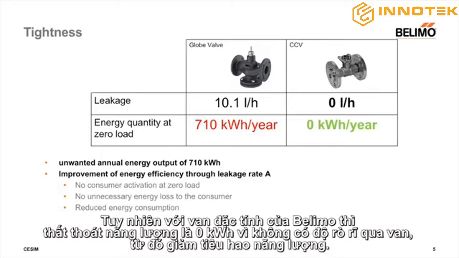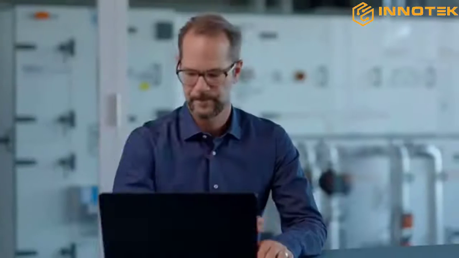Therefore, in comparison to a characterized control valve from Belimo, we do not have consumer activation at zero load, no unnecessary energy loss to the consumer, and therefore reduced energy consumption.